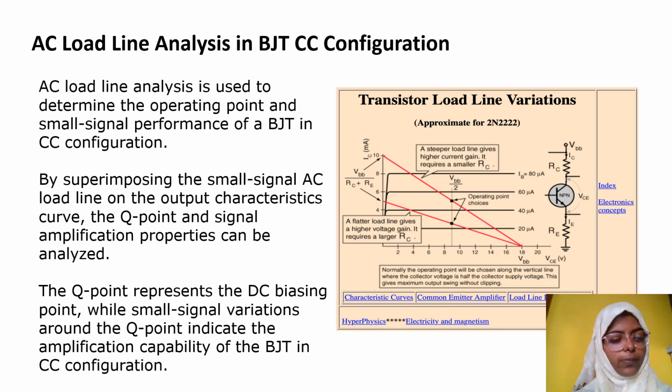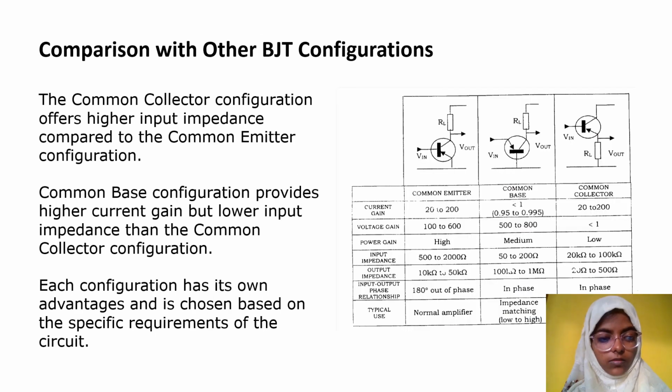The Q point represents the DC biasing point, while small signal variations around the Q point indicate the amplification capability of the BJT in CC configuration.